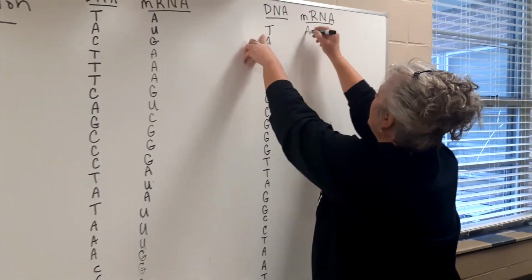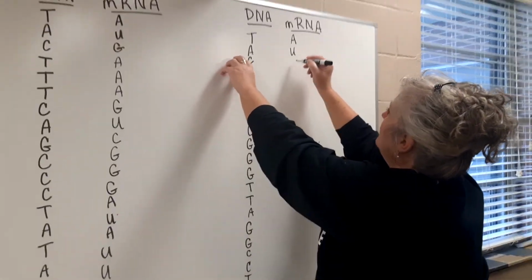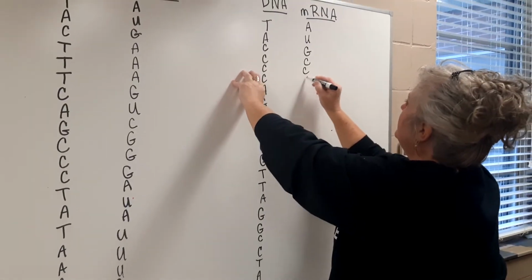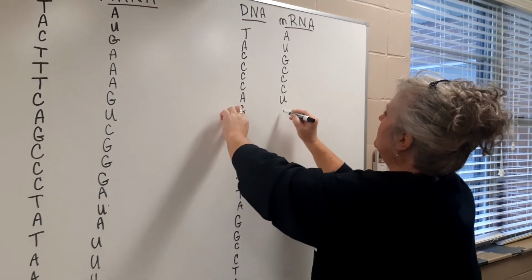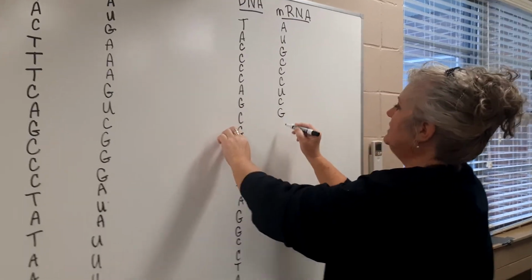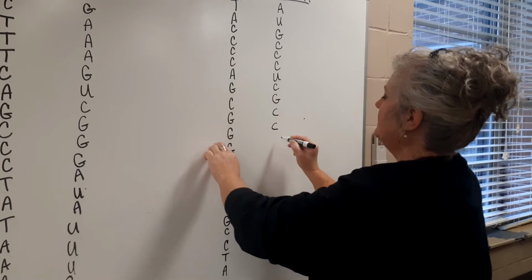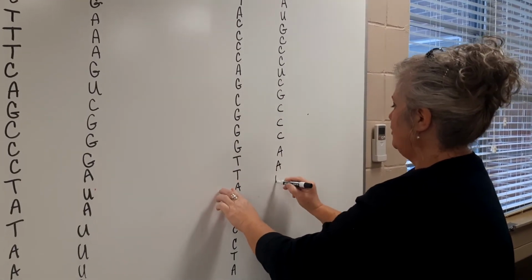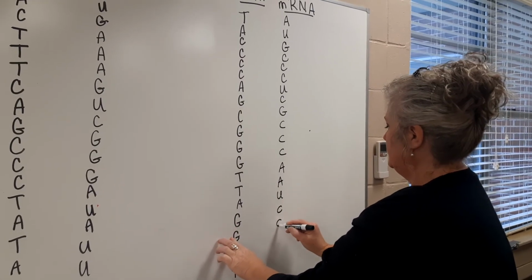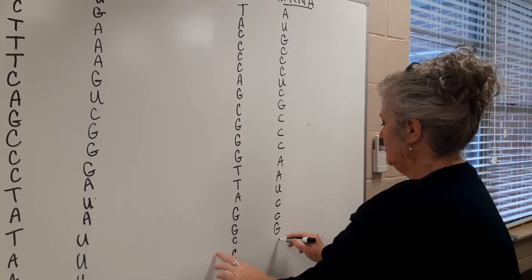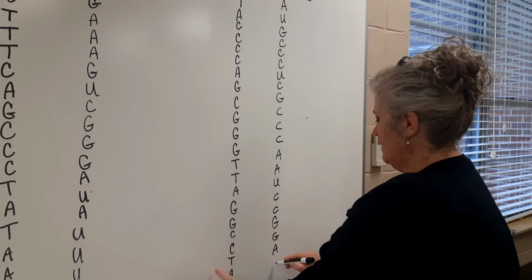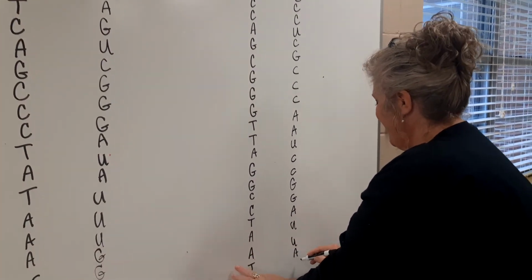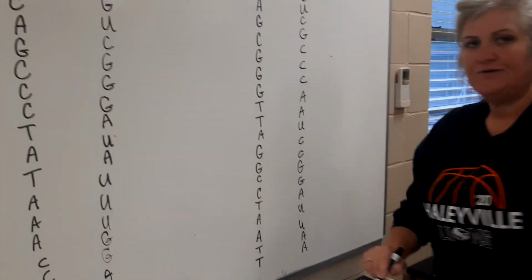Okay, so T, A, U, C, G, C, C, C, U, C, G, C, C, C, A, U, C, C, G, G, A, U, U, A. Okay, how'd you do that?